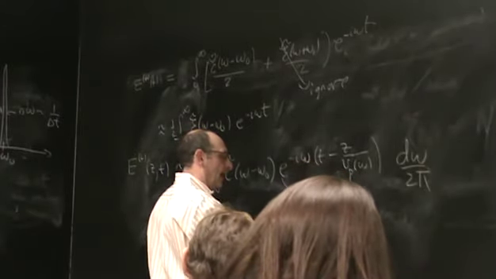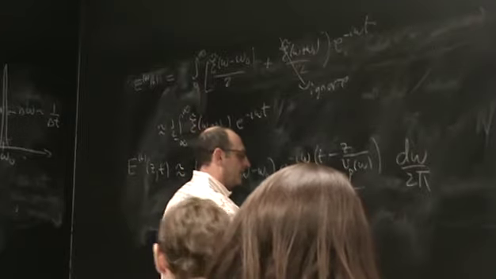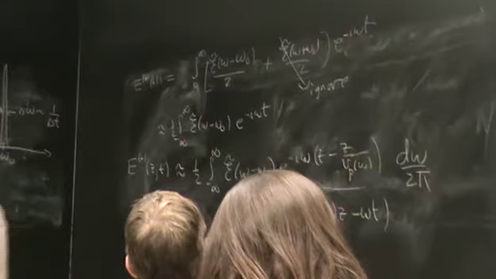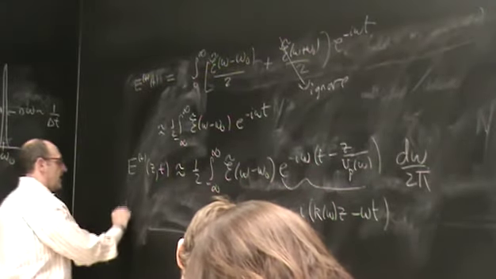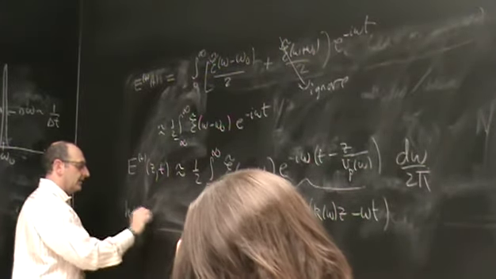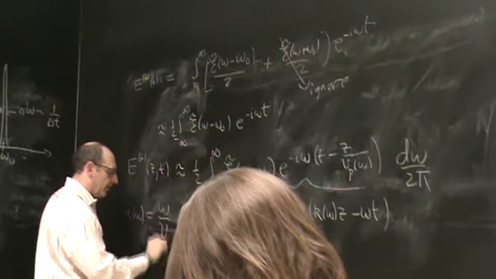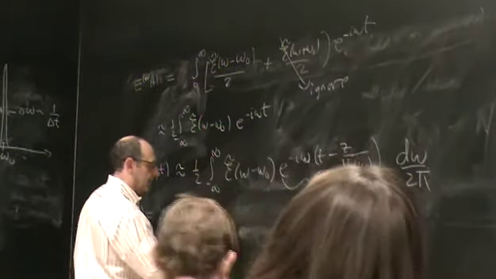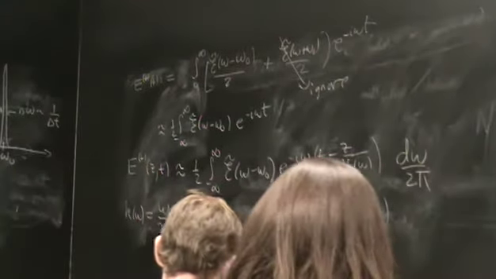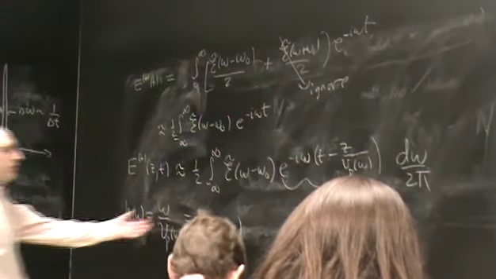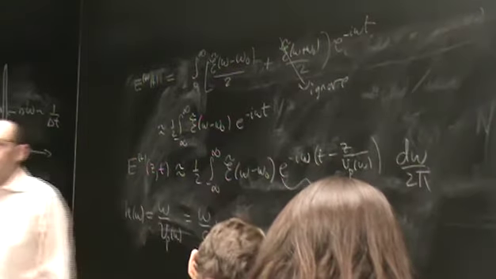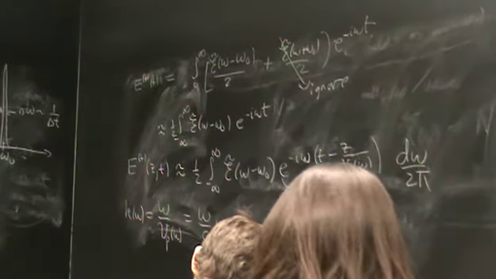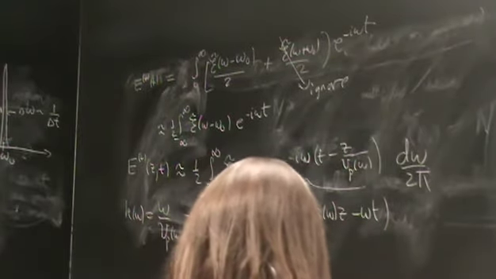So that's e to the i k of omega z minus omega t, where k as a function of omega is equal to omega over the phase velocity, which is omega over c times the index of refraction. If this were complex, this would still be true; we would just put a tilde over there.